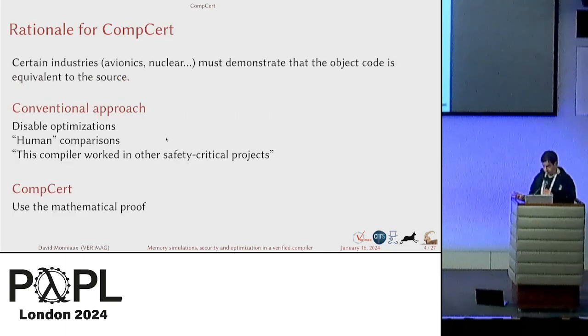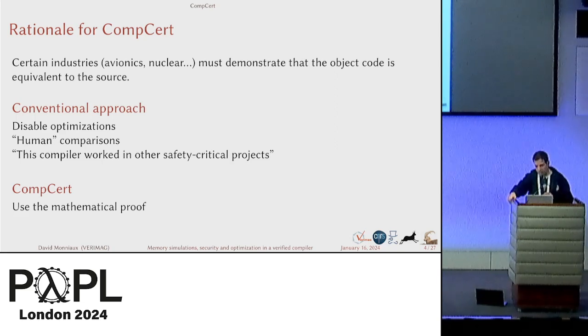What is the rationale for that? In certain industries, it started with the avionics industry, you must demonstrate that your object code is sort of equivalent to the source code, so that you don't have any gap in the overall safety argument for your system.